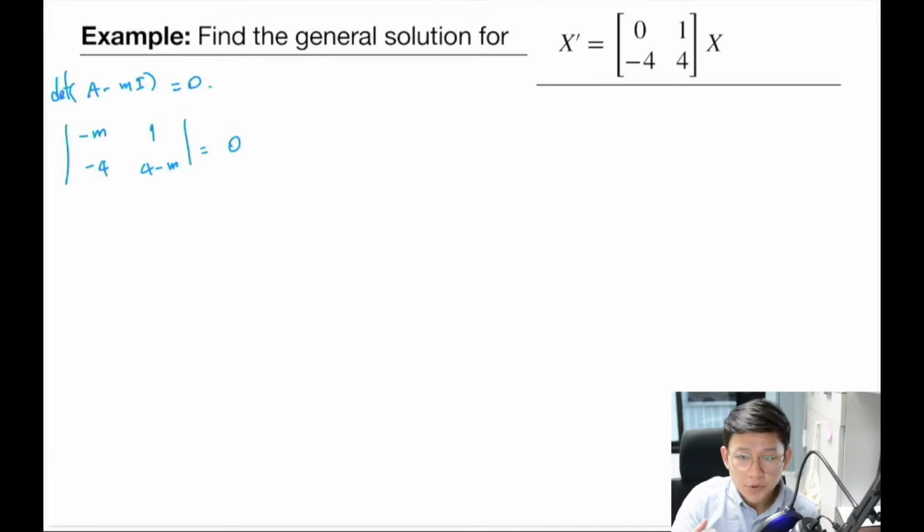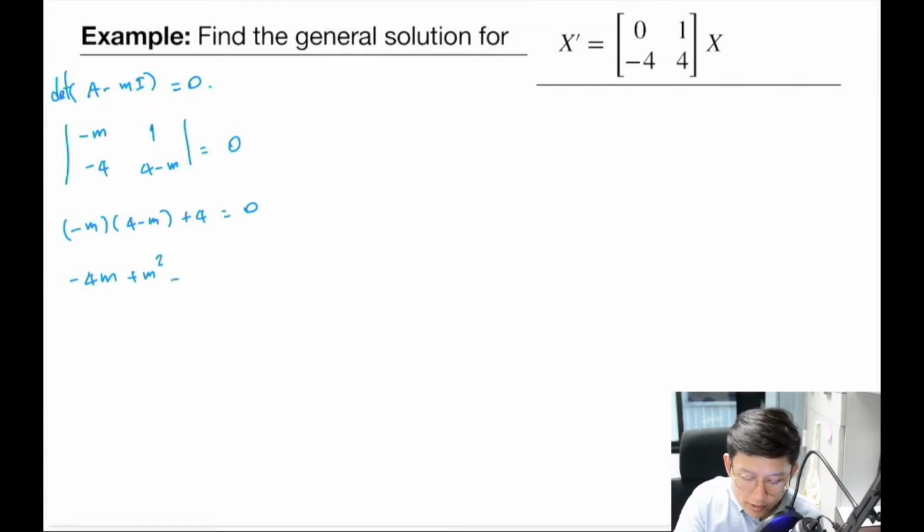So to find the eigenvalue m, we compute the determinant, so we get minus m times 4 minus m, and then plus 4 equals 0. So here we get minus 4m plus m squared plus 4 is 0, which is m squared minus 4m plus 4 is 0.